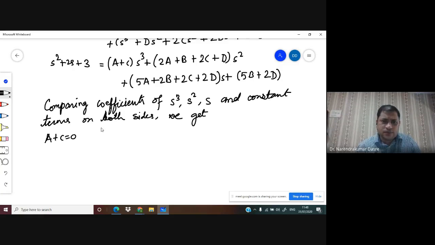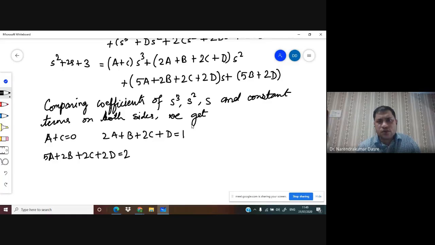Now 2a plus b plus 2c plus d is equal to the coefficient of s square, which is 1. Then 5a plus 2b plus 2c plus 2d is equal to the coefficient of s, which is 2.